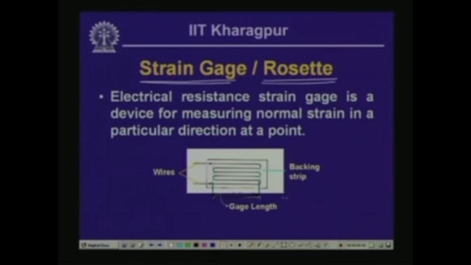Various sizes of strain gauges are available, ranging from 2 millimeters to even 40 to 50 millimeters in size. Depending on the usage, the type of strain we are looking for, or the accuracy we need, we use such gauges to measure the strain at a particular point.